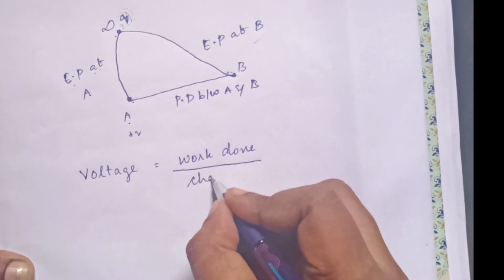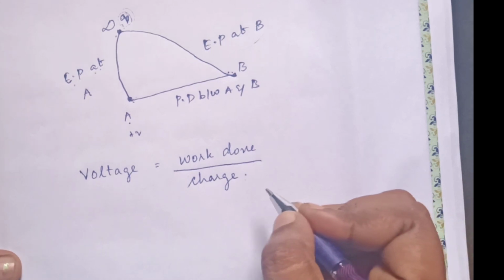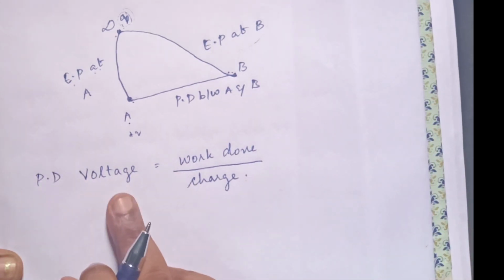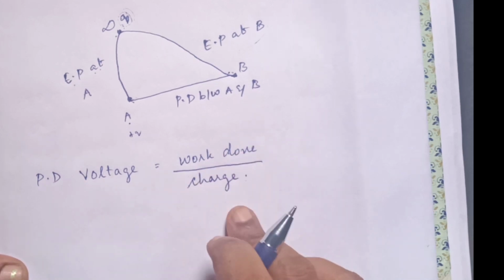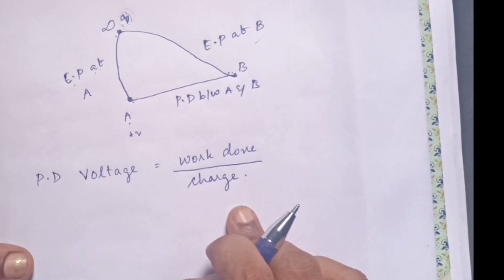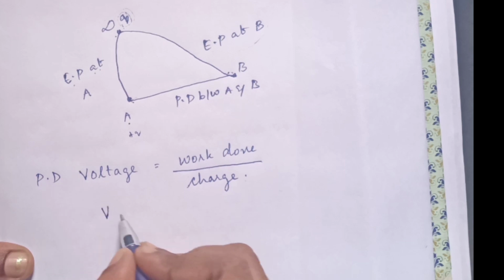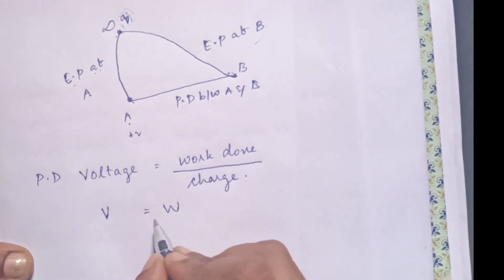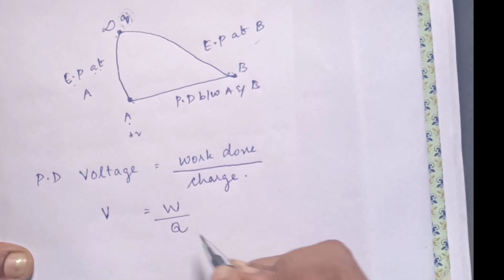So per unit charge. So the formula for the potential difference is voltage, that is V is equal to work done by charge. So இப்போ அதுக்கான symbol, so voltage கான symbol it is V, capital V. So work done க்கு நம்மளுக்கு தெரியும் it is W, charge க்கும் நம்மளுக்கு தெரியும் it is Q.